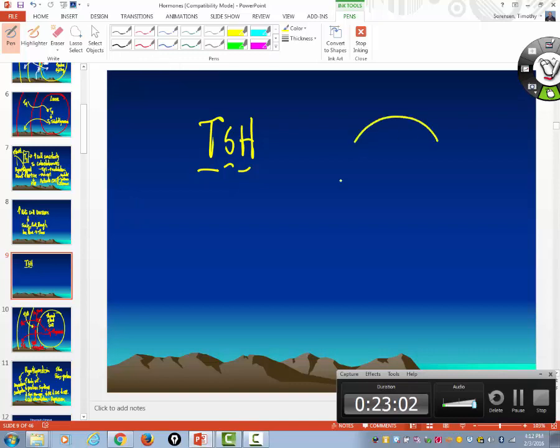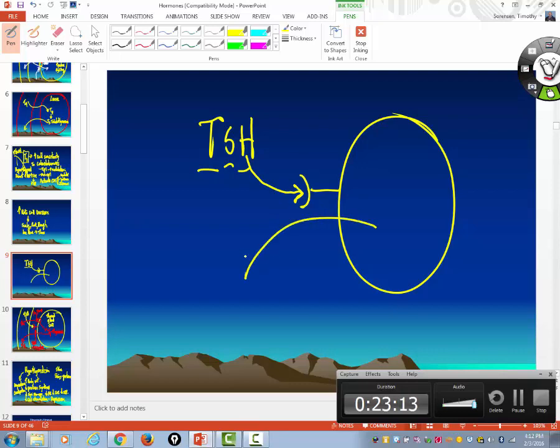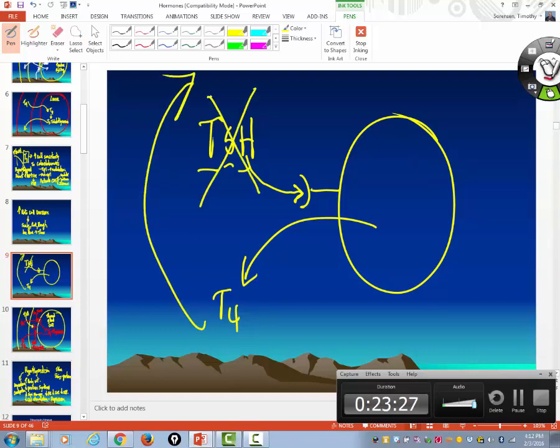So here's your thyroid gland cell, here's your little TSH receptor, here's TSH. When TSH binds to that receptor, it causes the production of T4 and release from the thyroid gland cell into the blood, and then it goes to the liver and is converted to T3, then that's going to feed back on the pituitary gland and shut off the release of TSH.